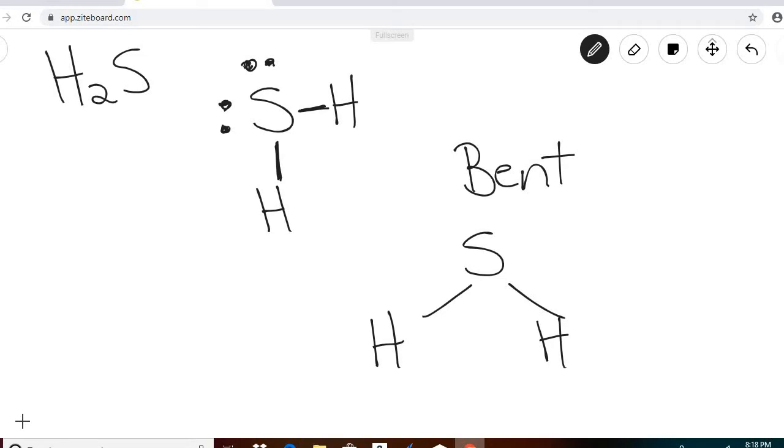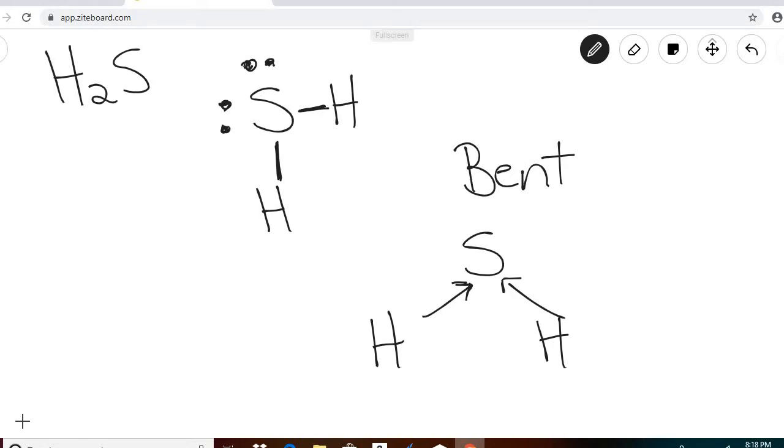And in this case, the sulfur, because it's farther to the right, it's one row below the row that hydrogen is, but it's a lot farther. It's actually 1, 2, 3, 4, 5 to the right. So the sulfur will pull on those electrons harder than the hydrogen.